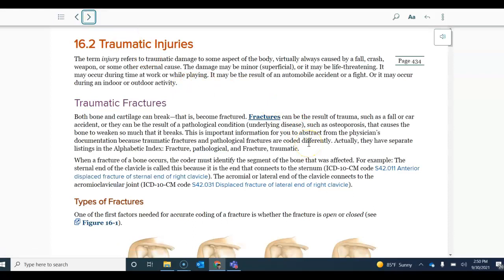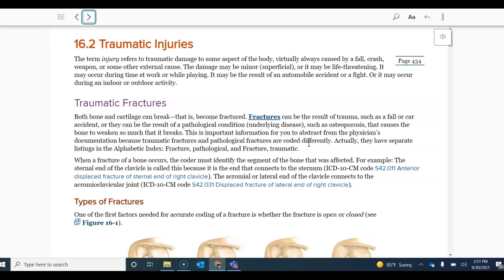We talked about this in the last video a little bit as far as fractures. Anytime that you have a fracture, which are going to be S and T codes, just about every single S and T code is going to need that seventh character.